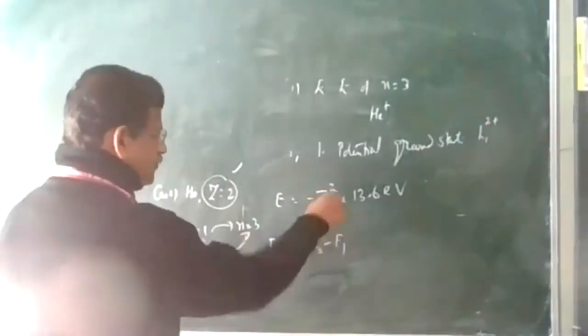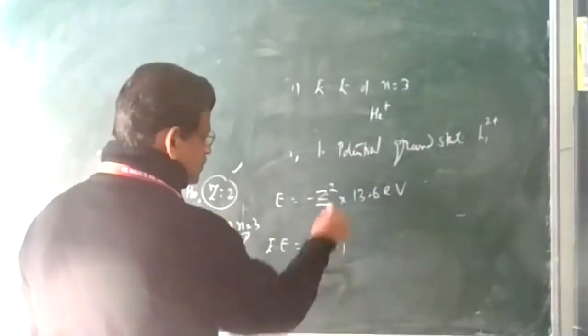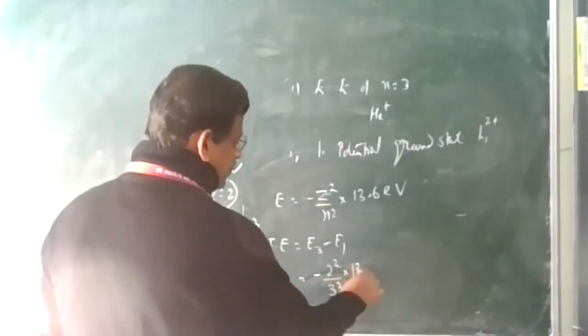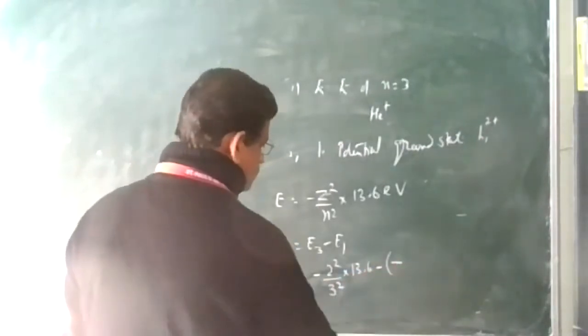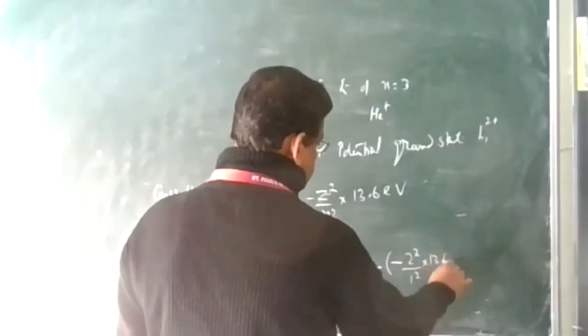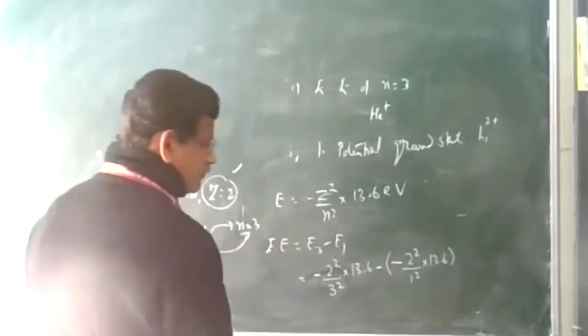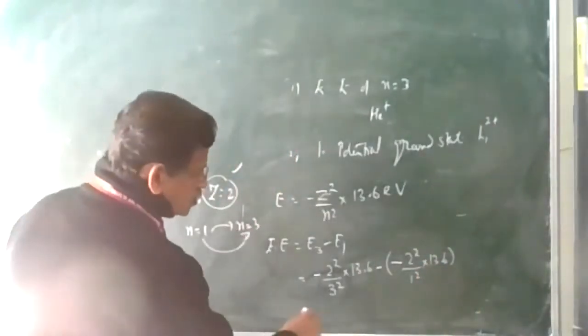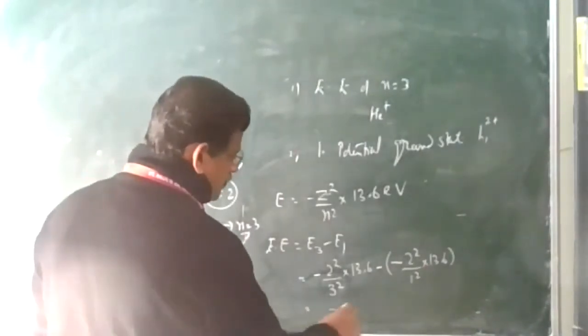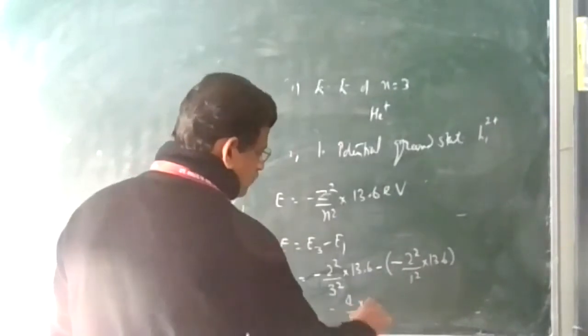What is the value of E3 from here? You can write E3 is minus 2 square divided by 3 square into 13.6, minus, or minus again, 2 square divided by 1 square into 13.6. So you are getting minus 4 by 9 into 13.6.